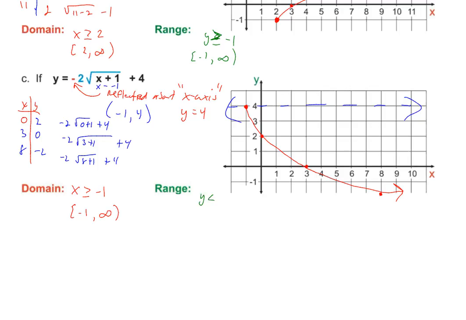Y is less than or equal to 4, right? Which in this case, it's parentheses, -infinity, comma, 4, bracket. Intervals always least to greatest. So when it goes negative, you got to say -infinity first, then comma 4.